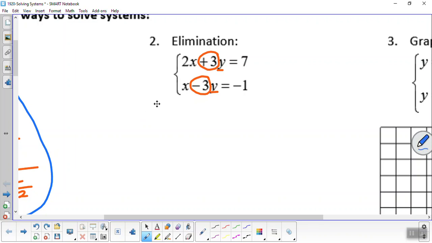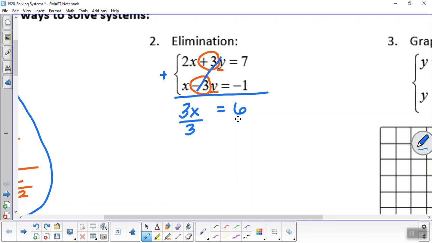The reason why I can now do my elimination method is when I add straight down, I get 2x plus x, which gives me 3x. Positive 3y plus a negative 3y cancels out. Carry down my equals. 7 plus negative 1 is 6.